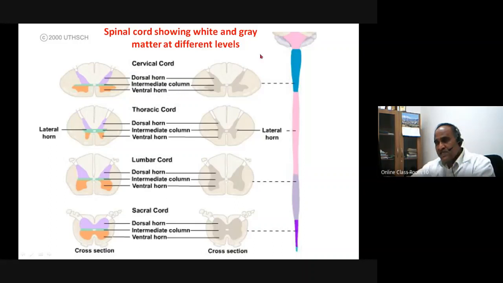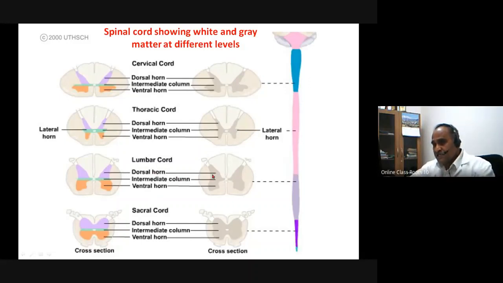How does the shape of these structures change in different segments of the spinal cord? You start with the sacral, where the number of inputs and the number of muscles is small. Volume wise or size wise, it is smaller. As it ascends to the lumbar, it becomes larger because a large amount of information is coming in, keeping the same dorsal and ventral relations.